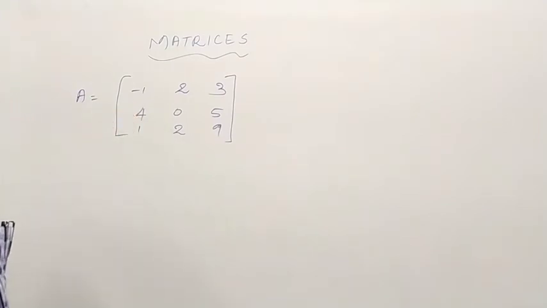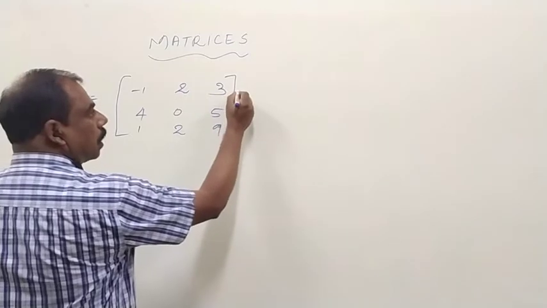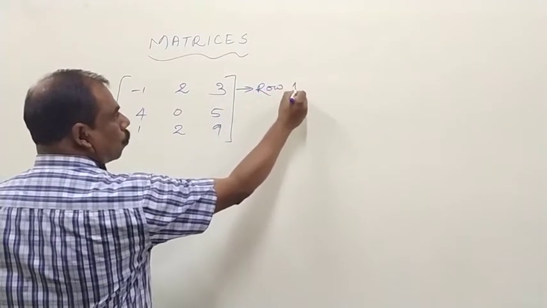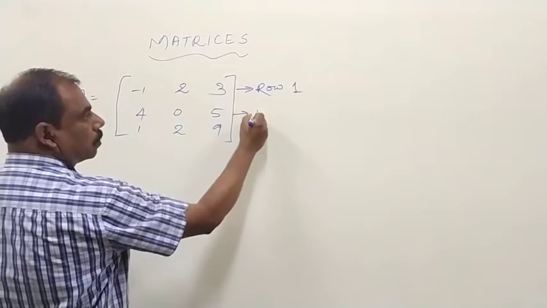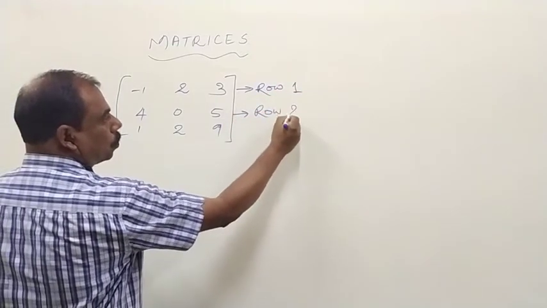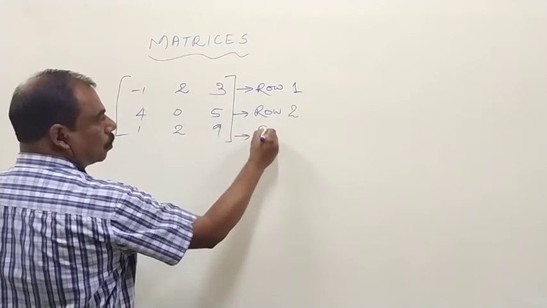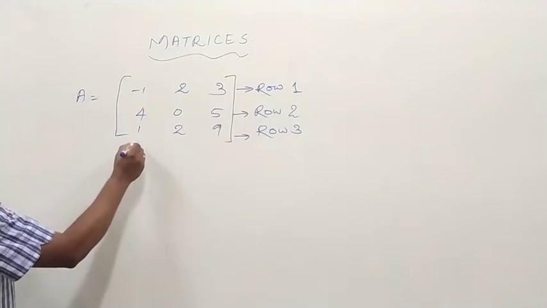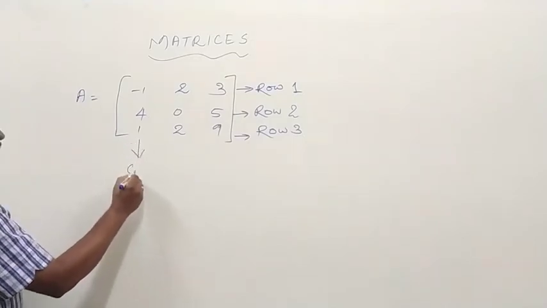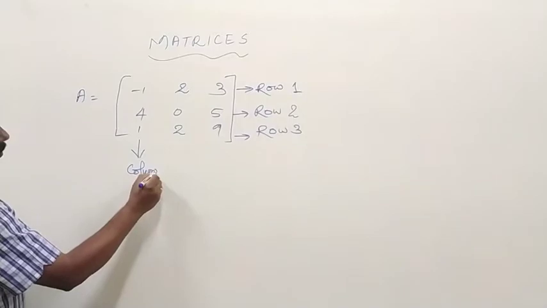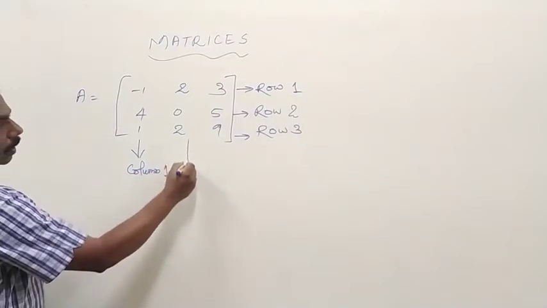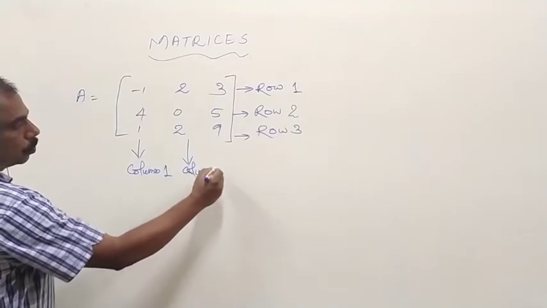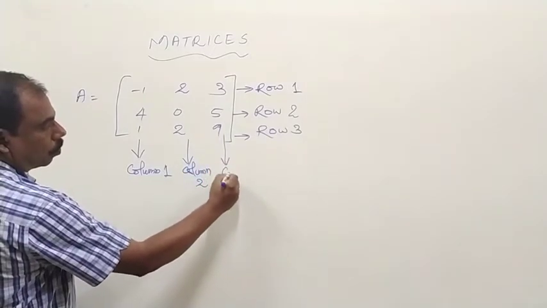When we arrange like this, we say that there are 3 rows: row 1, row 2 and row 3. At the same time, this is column 1, this is column 2 and this one is column 3.